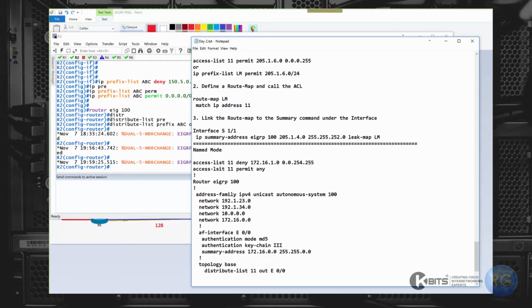Now the other advantage that you have, how many types of authentication mechanisms do you guys know about in EIGRP? MD5, right? I told you that earlier on. It does not support clear text. Let's read that statement again.